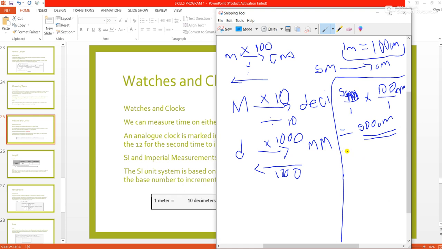What we will do, we'll put 500, divide that by 1, divide by 1 times 100.